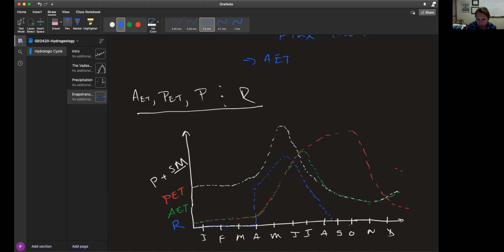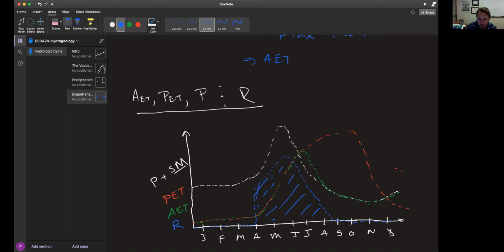And as soon as they equal each other, the recharge is going to be equal to 0. So this zone here from about April, really probably mostly through June in most cases, but here the way I've drawn it through July and August even, is the time where we might see recharge to the groundwater system. But for the rest of the year, all precip essentially gets lost to ET or is locked up in the snowpack. So this is really our recharge period.